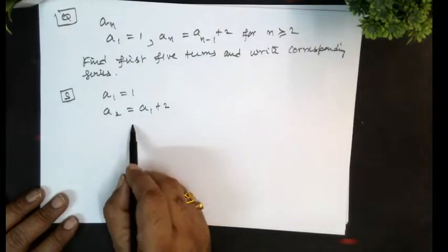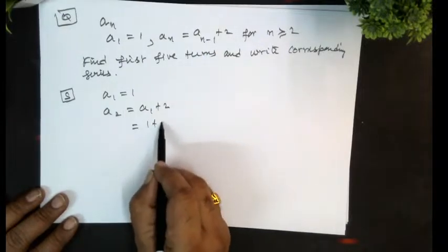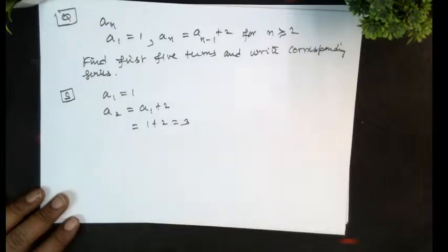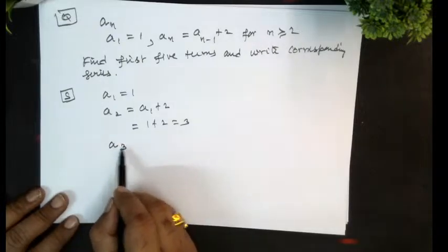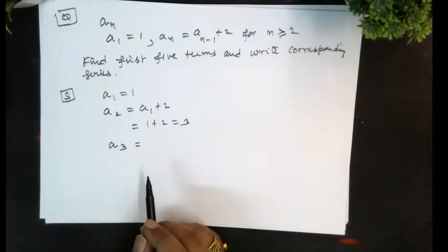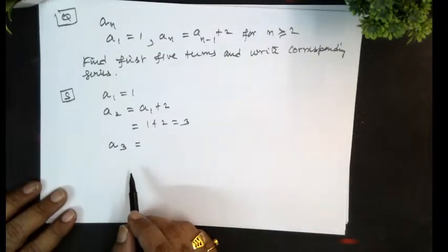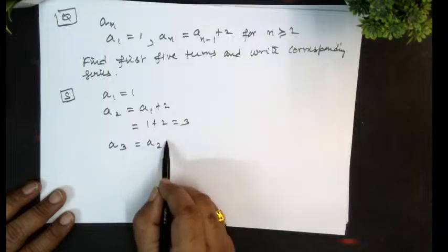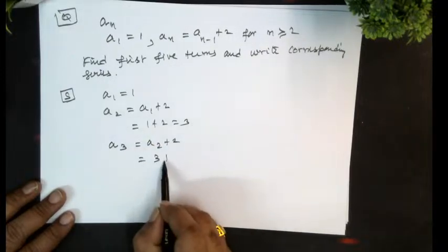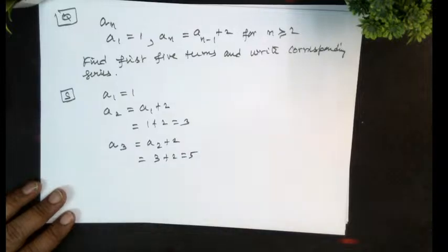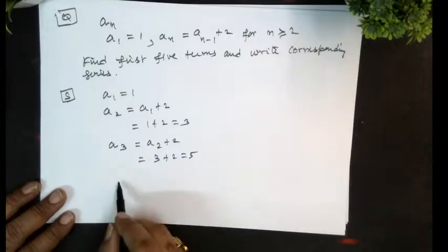So again 1 plus 2 is equal to 3. Okay. So similarly, what about A3? A3 is nothing but A2 plus 2. A2 is 3. So 3 plus 2 is equal to 5. Right? Can you write similarly the other terms up to 5? A4 and A5.